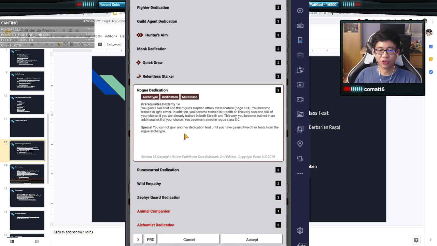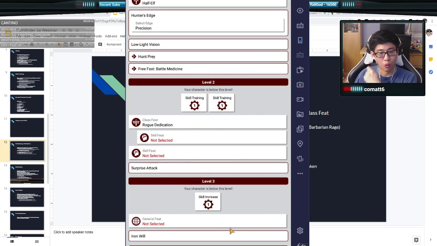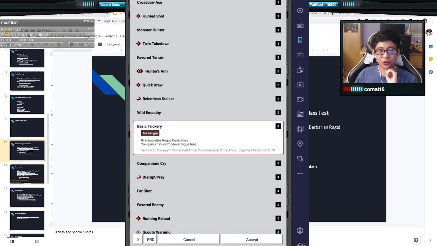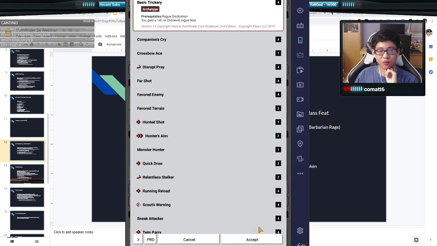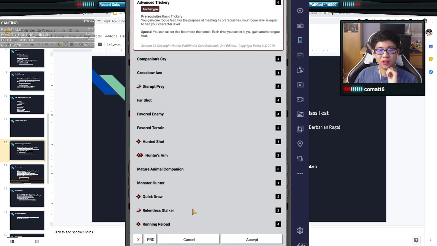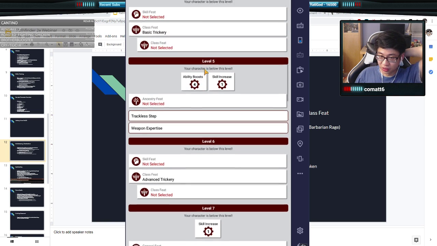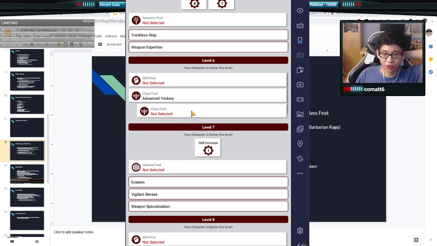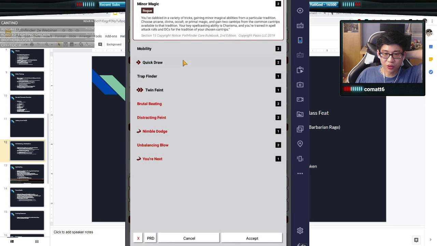You become trained in rogue class DC, and you cannot gain another dedication feat until you have 2 other feats from the rogue archetype. So you need to take the rogue dedication and then 2 more feats on top of that. So basic trickery would be one of them, and then, I don't know, advanced trickery would be another, and that would give you 2 rogue class feats, such as nimble dodge, and then quick draw.